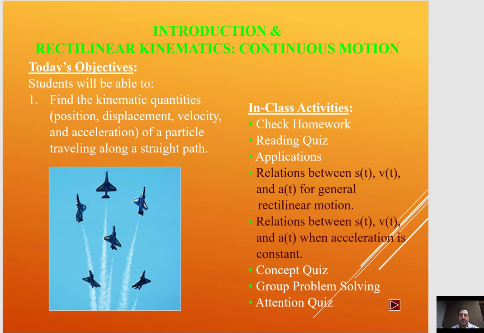So our goal is to find the kinematics quantities and the relation between position, displacement, and velocity, and also see how we can use the calculus that I mentioned in the last lecture to help us find the relationship between position, velocity, acceleration, whether we are going from position to acceleration or from acceleration to position.